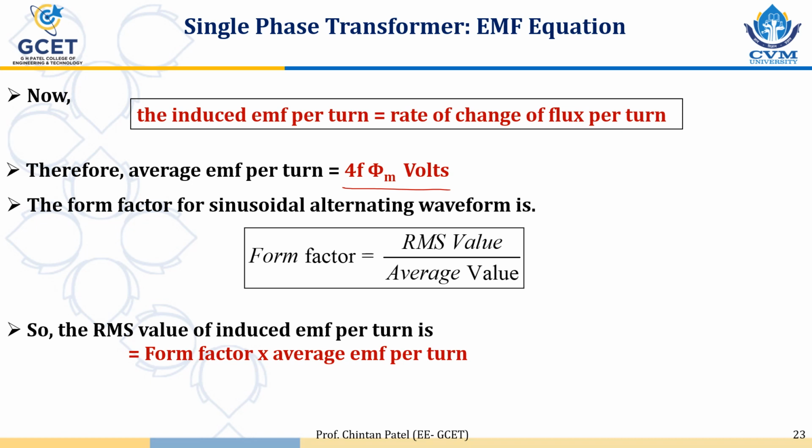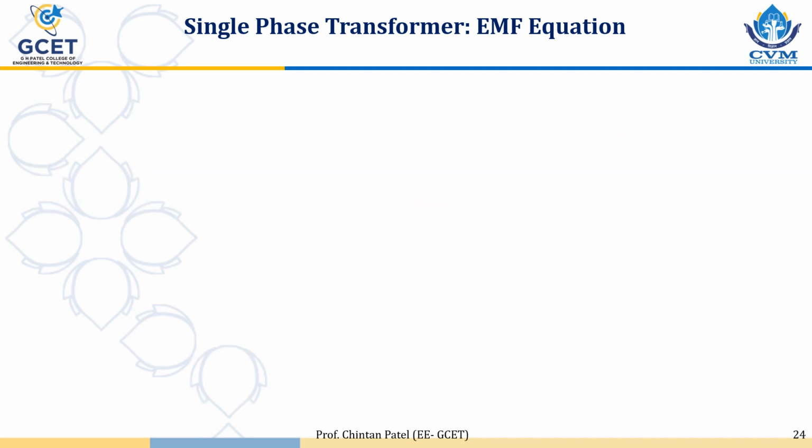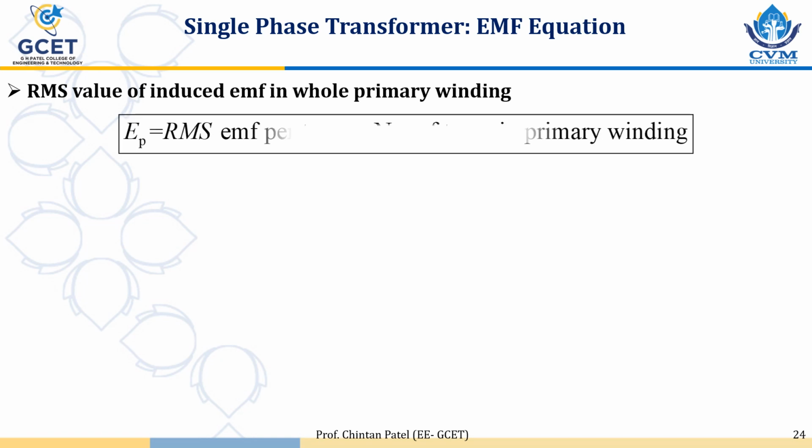So the RMS value of induced EMF per turn is the form factor multiplied by the average EMF per turn, 1.11 into 4f phi m volts.